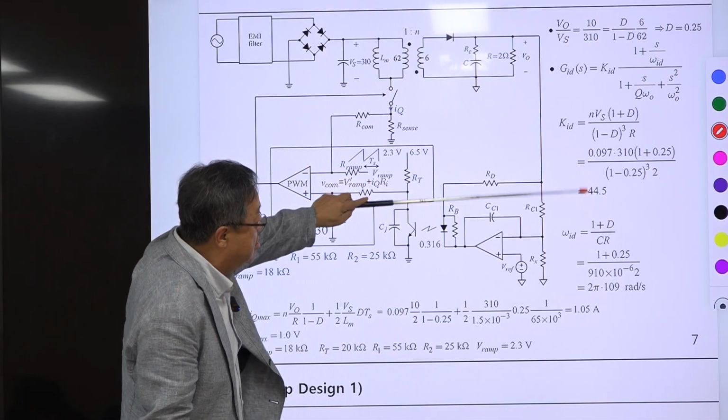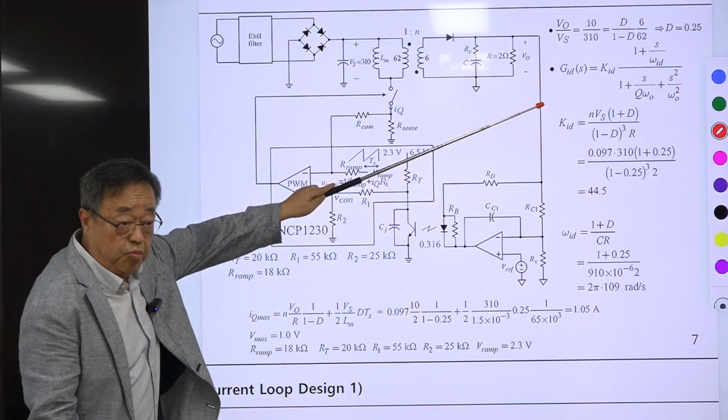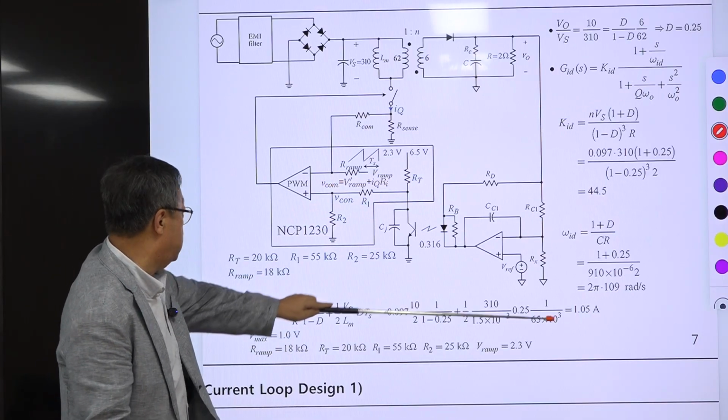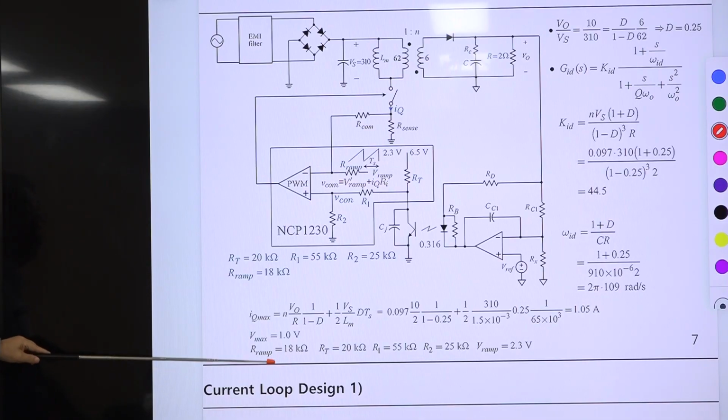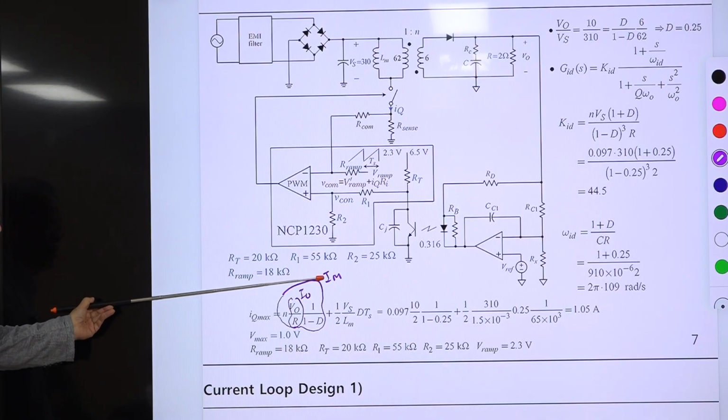And this is the GID expression. You calculate this. And omega ID is the zero in the numerator, and you calculate omega ID. Then IQ max, you should know this to determine what? Ri. So this part is Io, and n times this, and this is the IM, the average value of load current and average value of the magnetizing current.